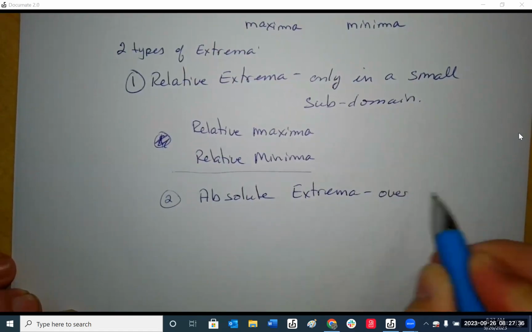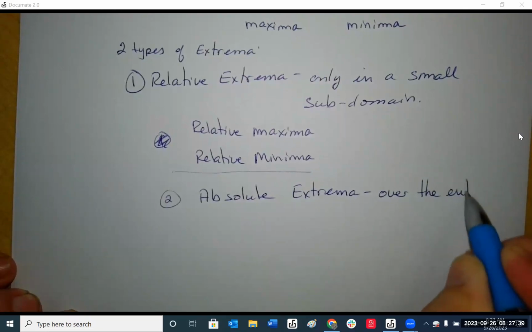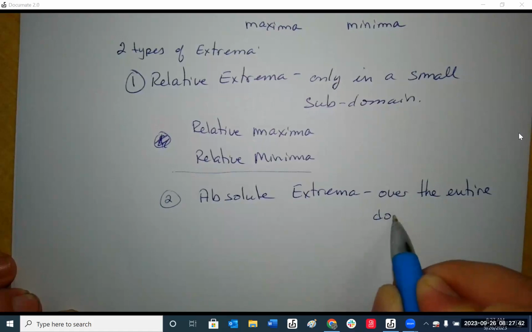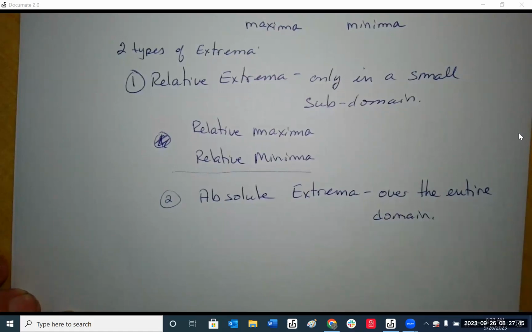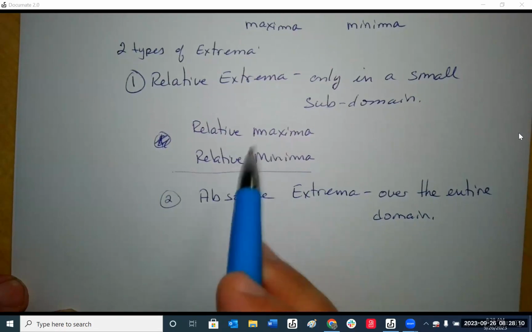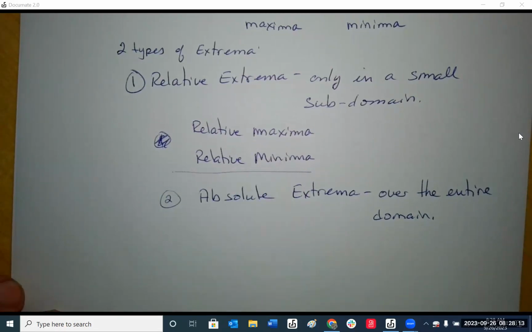That means over the entire domain. So the absolute ones are the highest and the lowest over everybody else. Can you have more than one absolute? No, there's only one and only one. Can you have more than one relative? Yeah. You can have an infinite number of relative minima and maxima, but there's only one absolute maximum and minimum.